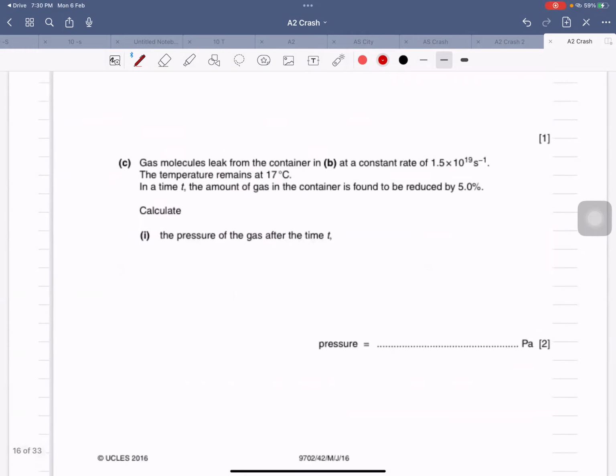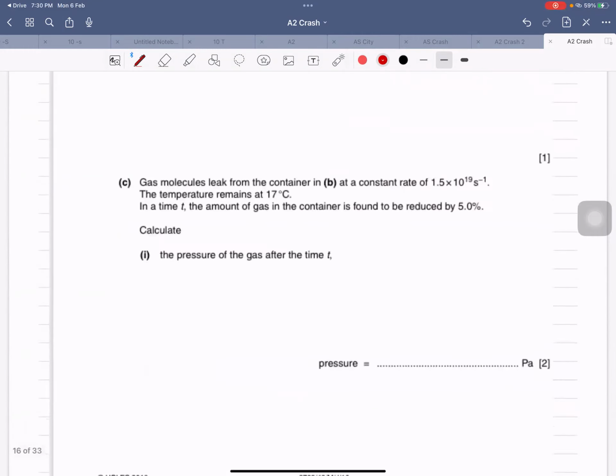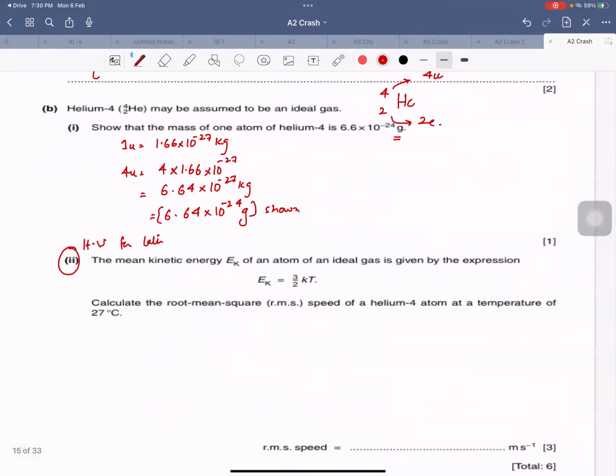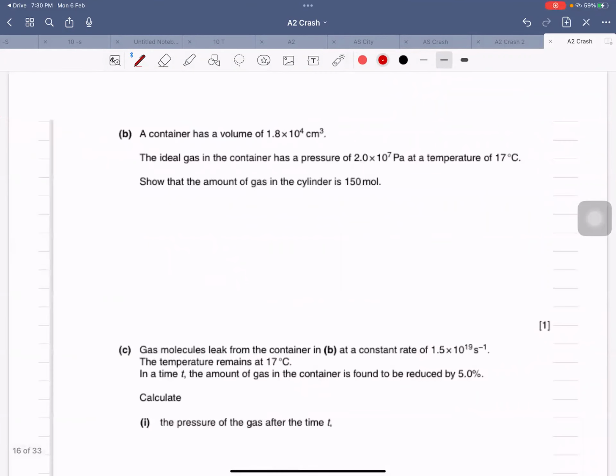Now in this question, where did this question come from, by the way? I don't know. Is this the same question? No, it's a different question. Okay. So in this question, it says the container has a volume of 1.8 times 10 raised to 4 centimeter cube, and the ideal gas in the container has a pressure of 2.0 times 10 raised to 7 and a temperature of 17 degrees Celsius.